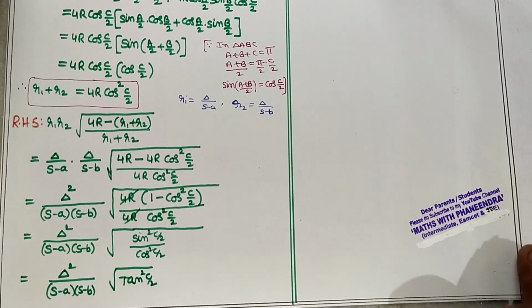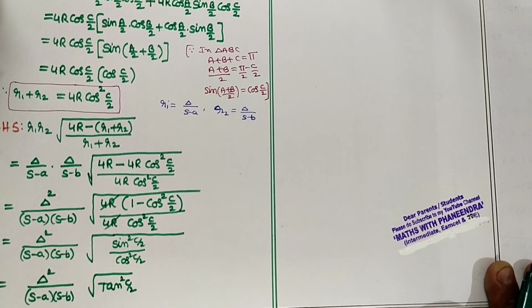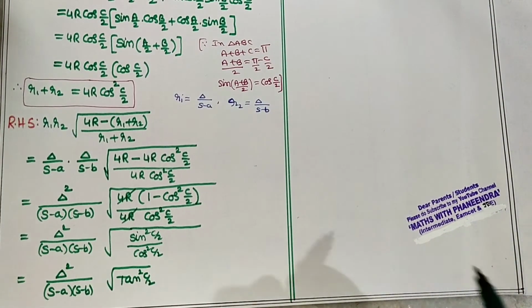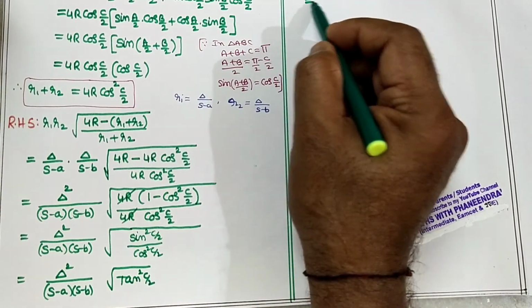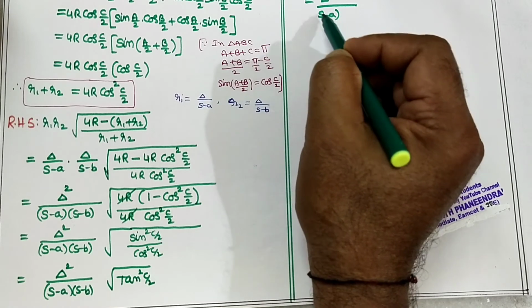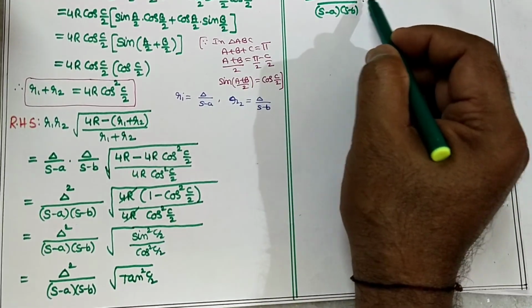In the next step, after reaching this step, delta square by s minus a into s minus b, tan c by 2.